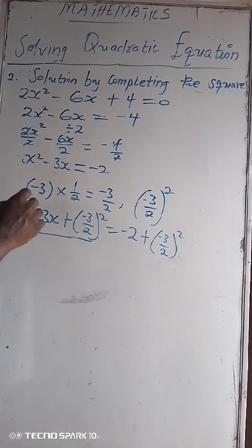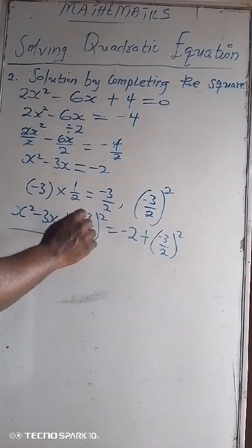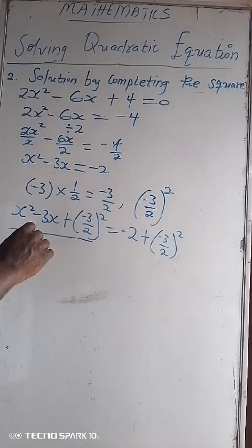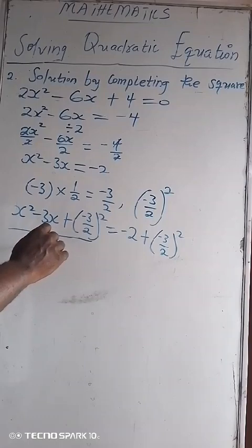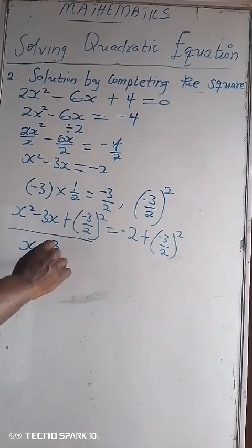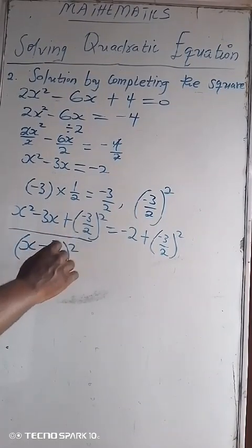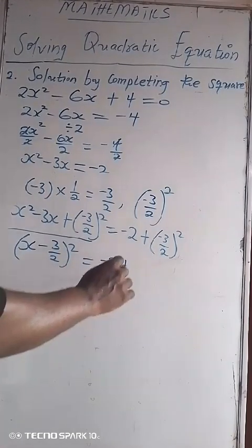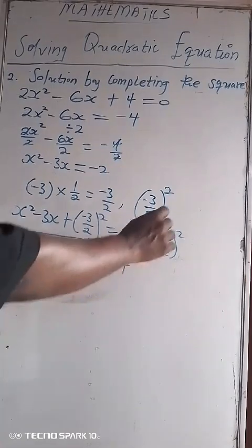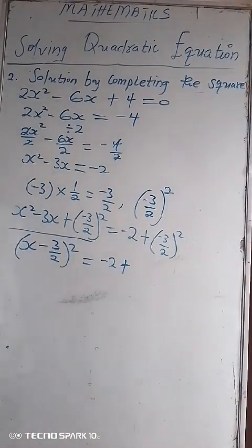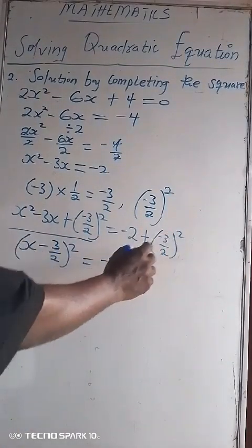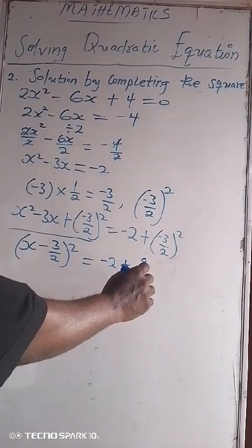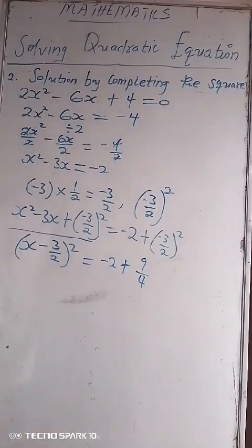So considering the x squared as well as the negative 3 out of 2 all squared, we bring them together to have our perfect square. So here we have x minus negative 3 out of 2 all squared is equal to negative 2 plus, since the square is affecting the numerator and the denominator, negative 3 squared will give me 9, as well as 2 squared will also give me 4.